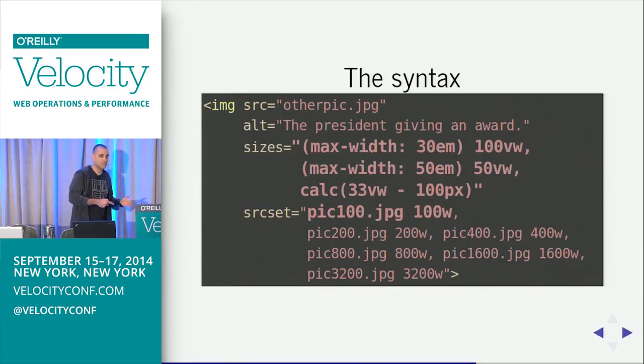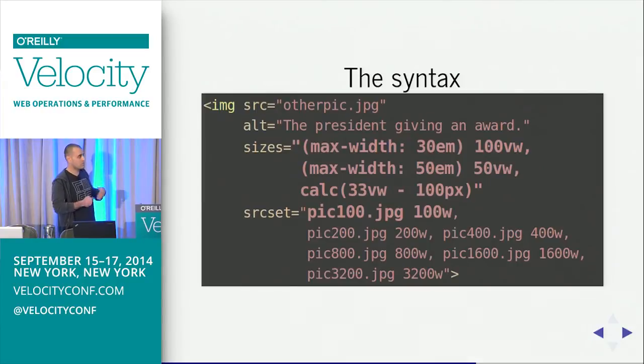The second item is a CSS length. In this case, 100 VW means 100% of the viewport. So if the media condition matches, the browser picks this length and uses that as the length to determine which resource it should download.